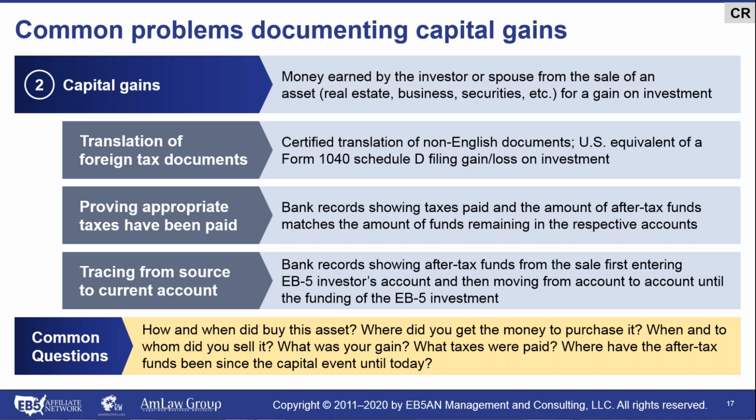We do run into problems sometimes with clients, and I'd have to admit, there's at least one client I can think of where we just could not come up with a way where we felt comfortable that they could explain where they got the initial funds to purchase that capital asset or real estate. So it can be a challenge.